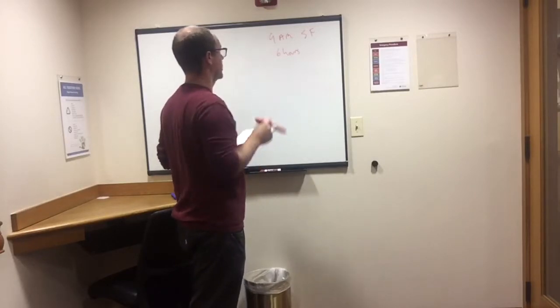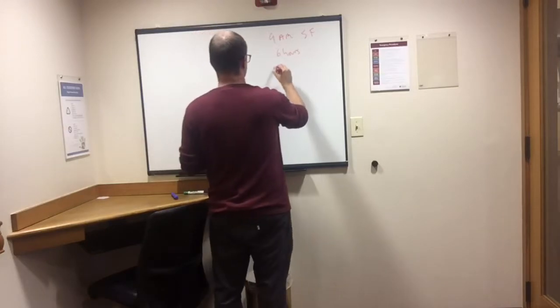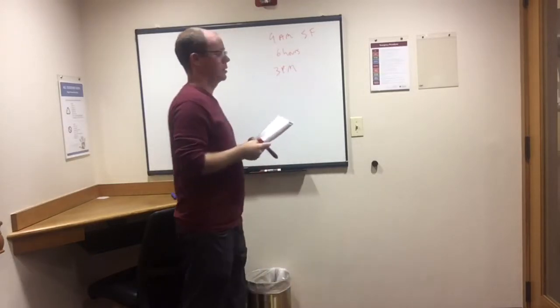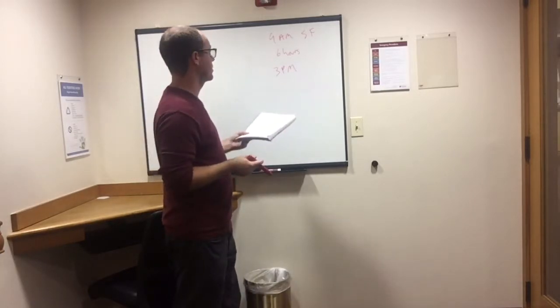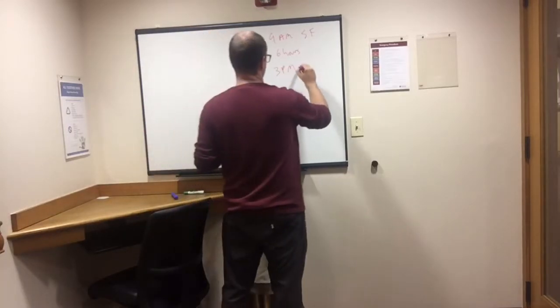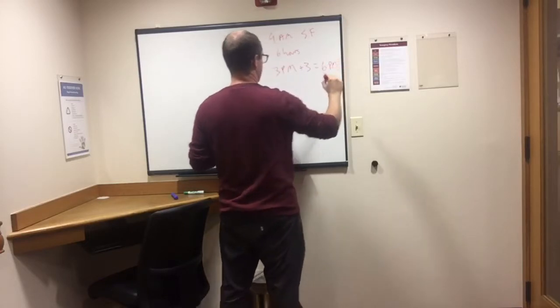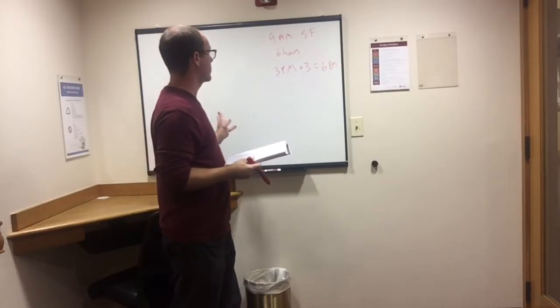So 9 a.m., if we add 6 hours, that gets us to 3 p.m. And that will definitely be one of your answer choices. But remembering we were going to Miami, that's going to be add another 3 hours, equals 6 p.m.